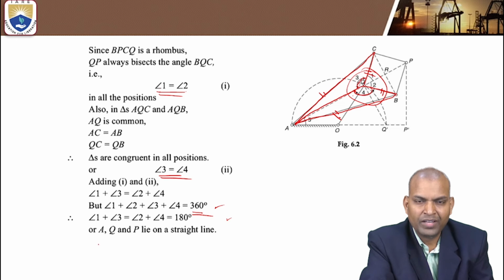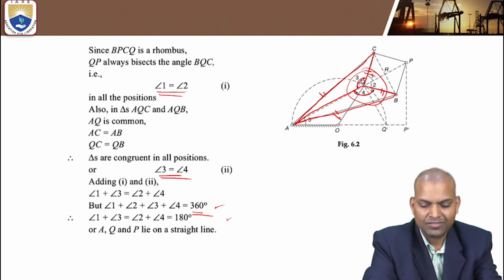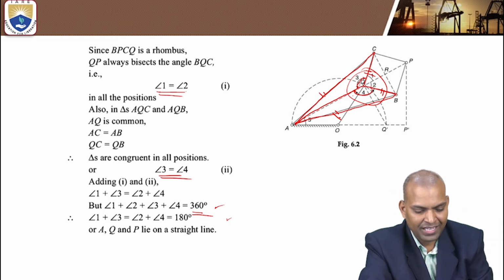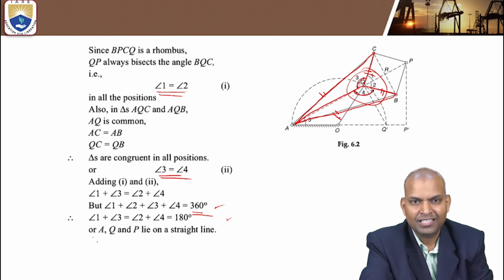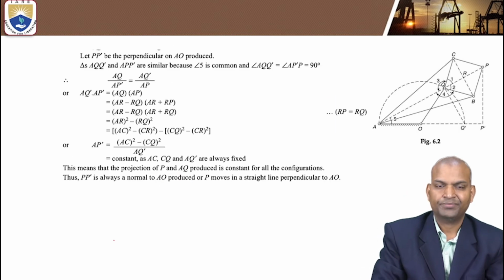Now, very simple. When all the angles are equal, the path traced by point P is a straight line. How can it become a straight line? This AQP is a straight line. The path traced by A, that's why AQP is on a straight line. Then the path traced by point P is a straight line.